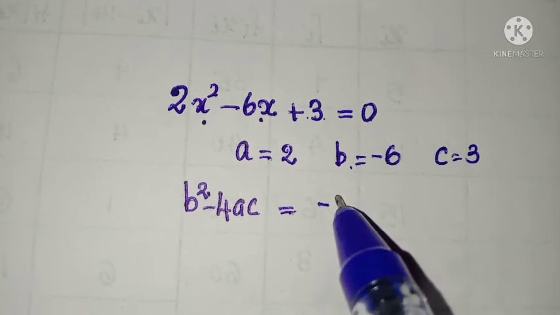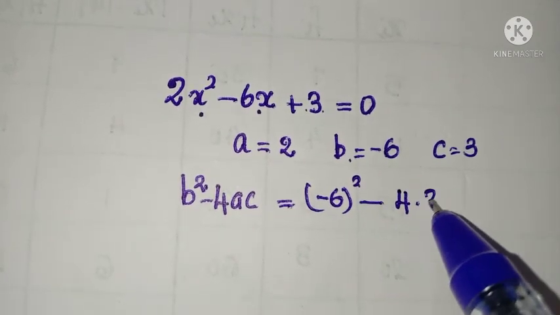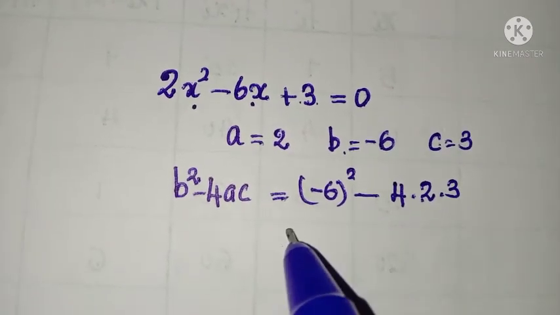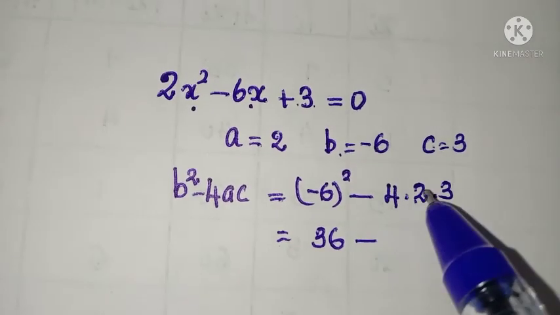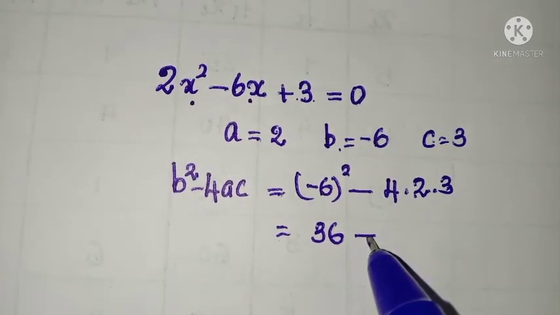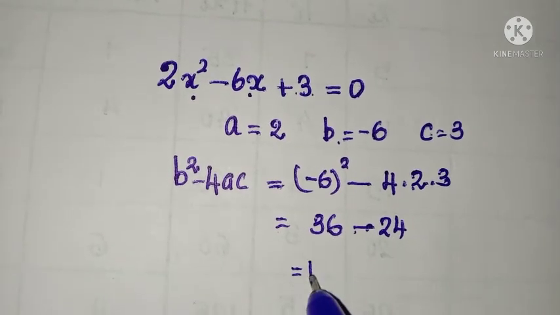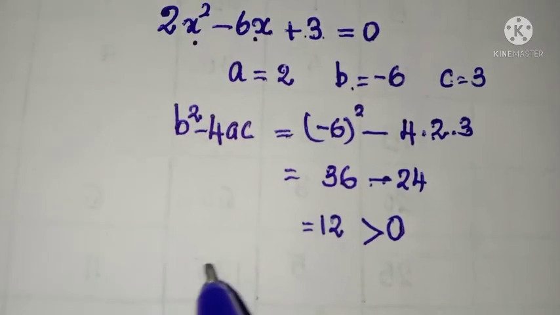So b square is minus 6 square minus 4 into a, that is 2, into c, that is 3. Now minus 6 square is 36. 4 into 2, 8. 8 into 3, 24. So 36 minus 24 is 12, which is a positive quantity, that is, greater than 0.